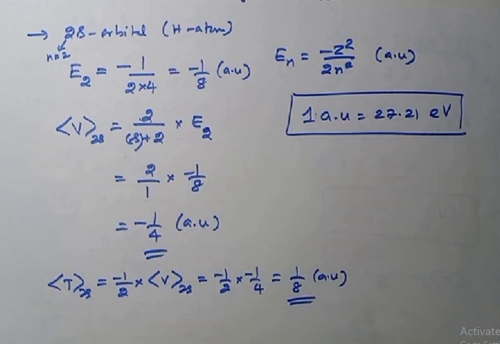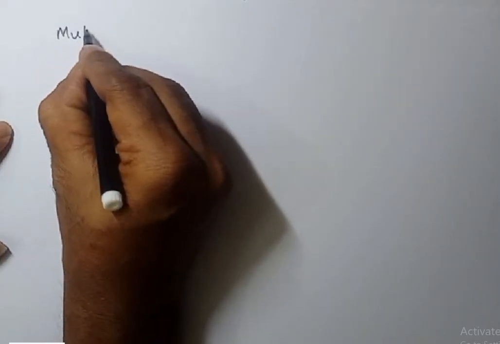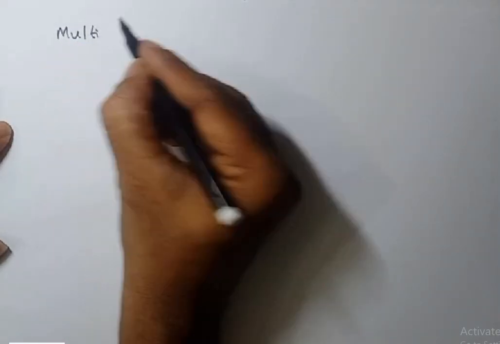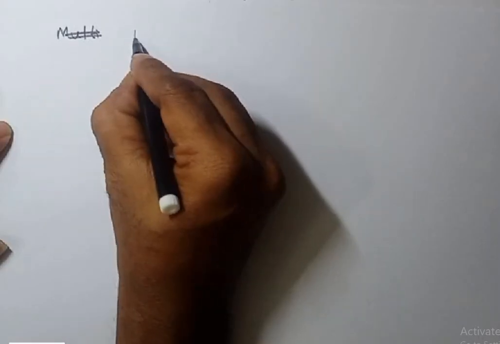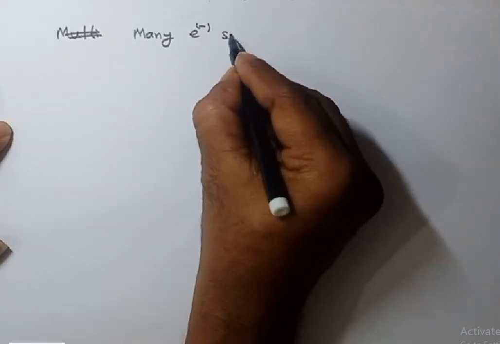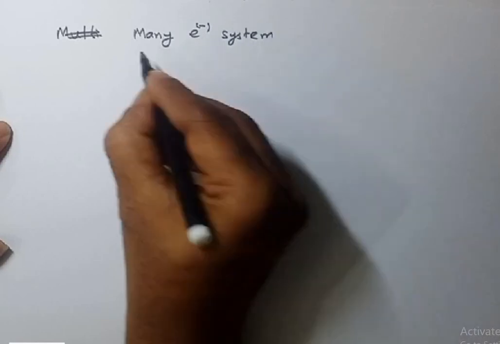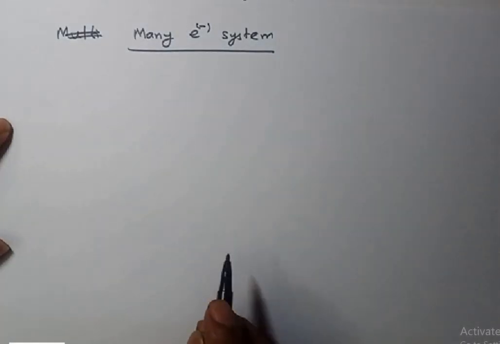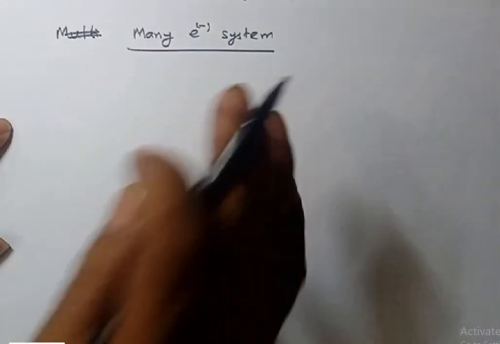Take it. Listen, for many electron systems, it is very difficult to solve the Schrodinger equation.